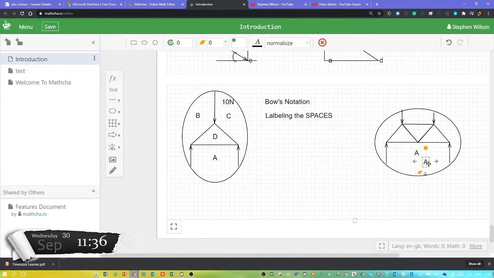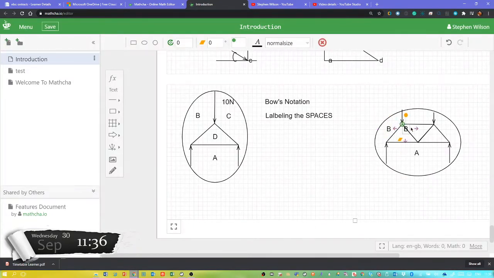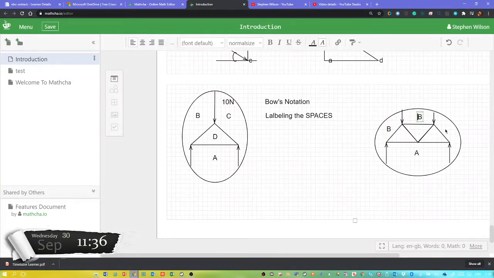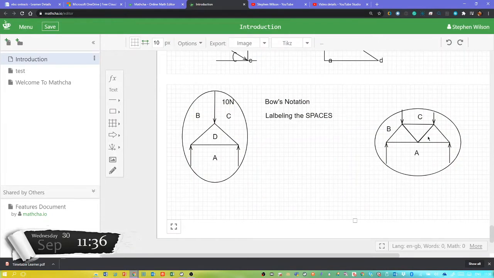Now let me just copy that. There we go for space B. There's C, the next one round between our two loads.